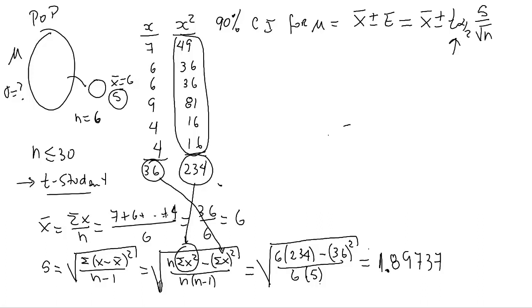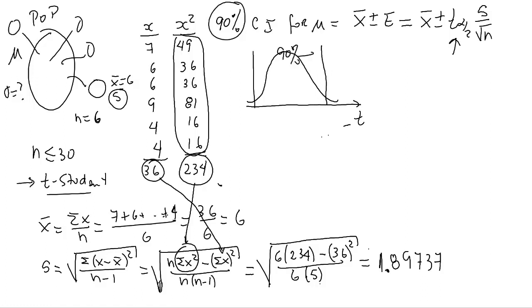Remember, in the t-distribution of all sample means obtained from this population, 90% of all samples are located between these 2 points. How can we find this critical value? The critical values are negative t alpha half and positive t alpha half.